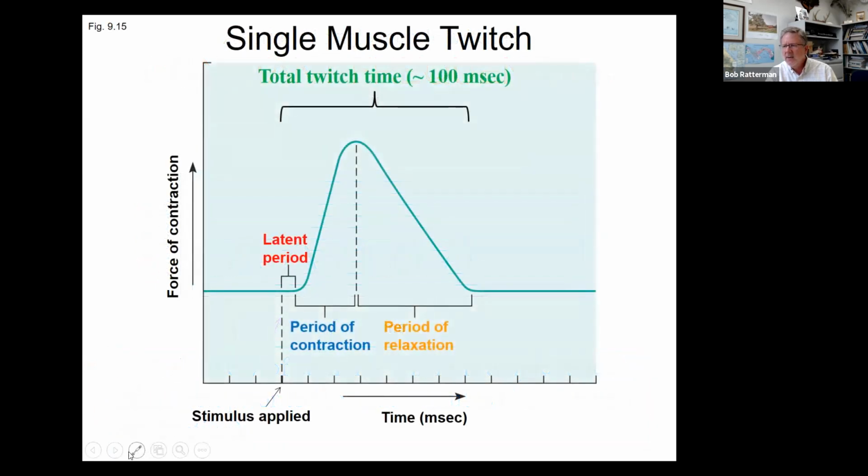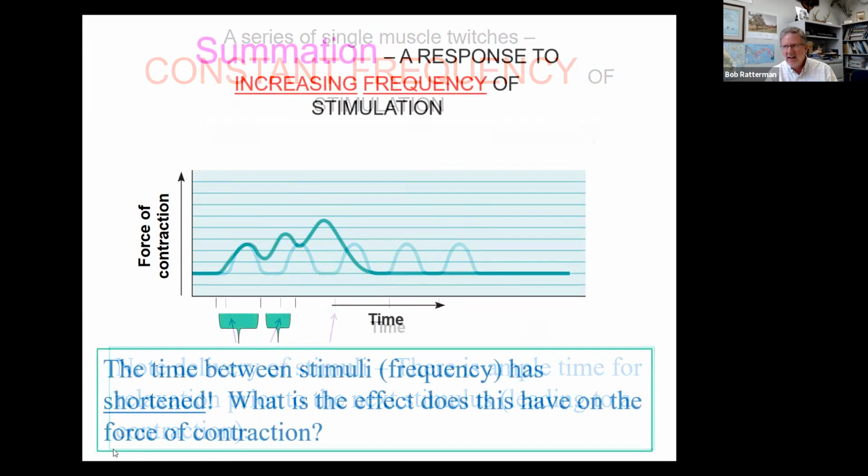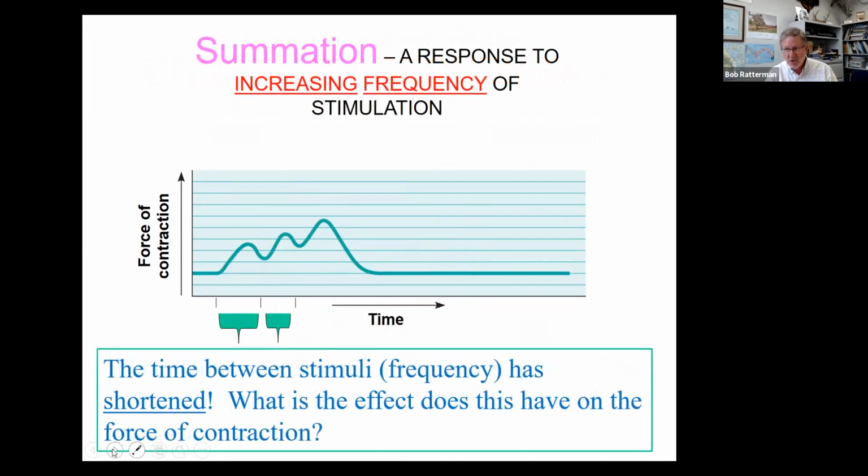Okay? Everybody understand what I'm getting at? So you're delivering a low frequency of stimulation. What happens as you increase the frequency of stimulation? You shorten the time between when the muscle is relaxing and before you hit it again with another stimulus.